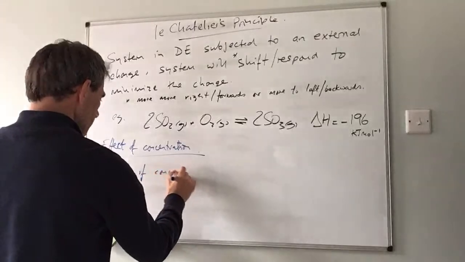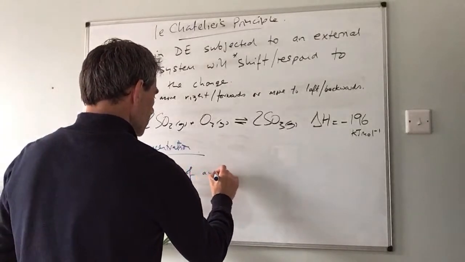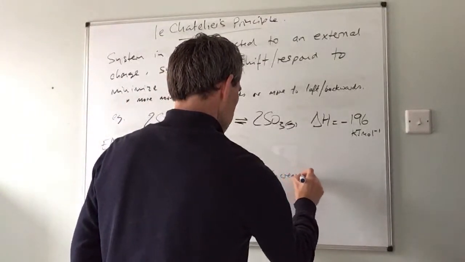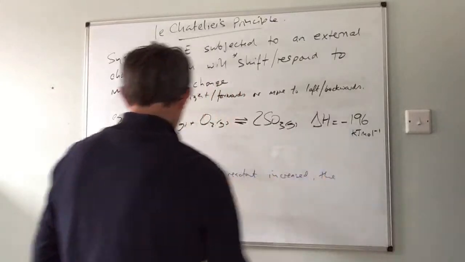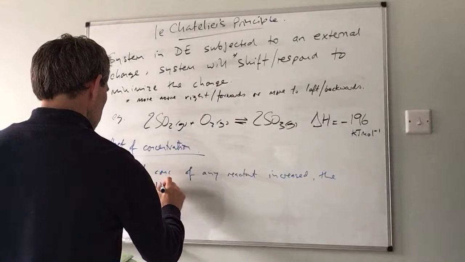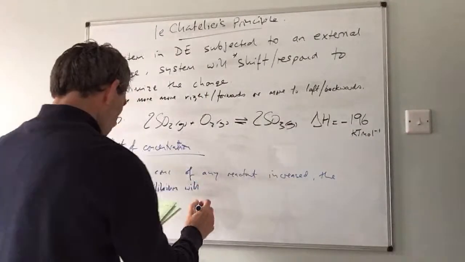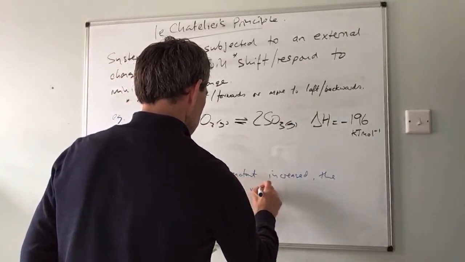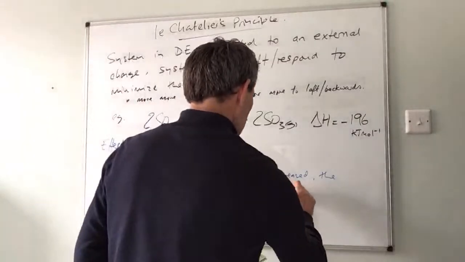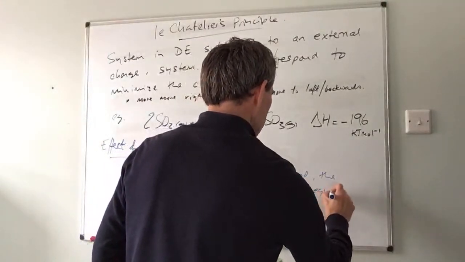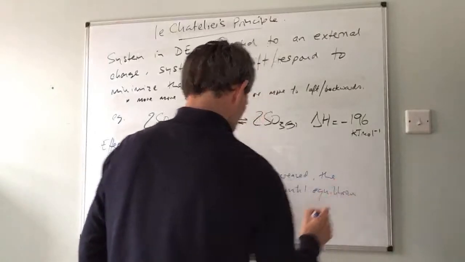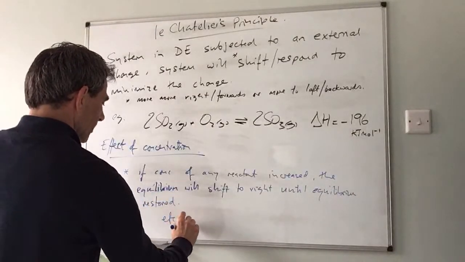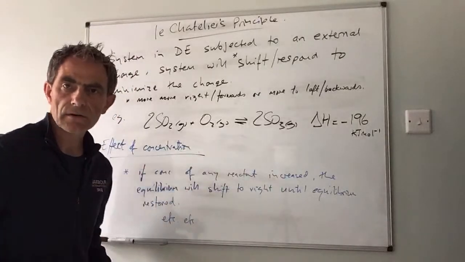If concentration of any reactant is increased, the equilibrium will shift to the right until equilibrium is restored. And then I'm just going to put etc., etc. for all of those other scenarios that were mentioned.